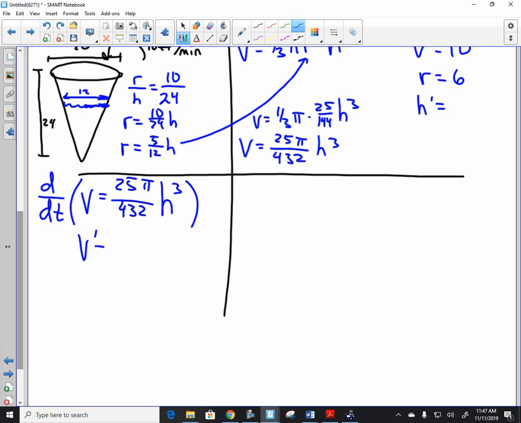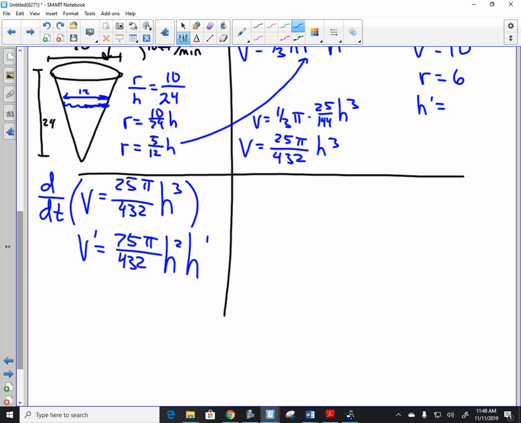So V prime is 75 pi over 432 H squared H prime. We good?